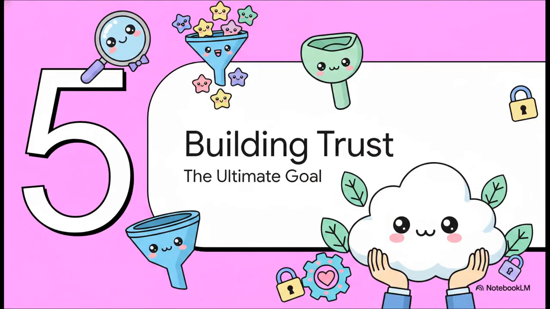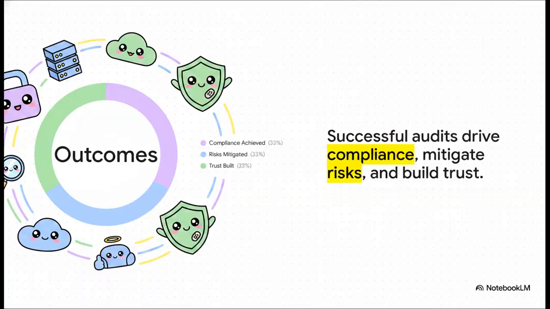And finally, Section 5, building trust through verifiable truth, the ultimate goal. We've gone through some highly technical steps, rigid filters, and robust extraction tools. But why are we putting ourselves through all this rigorous verification in the first place? Because honestly, gathering verifiable evidence isn't just some administrative checkbox exercise. Successful audits drive 3 major outcomes. First, compliance is achieved.